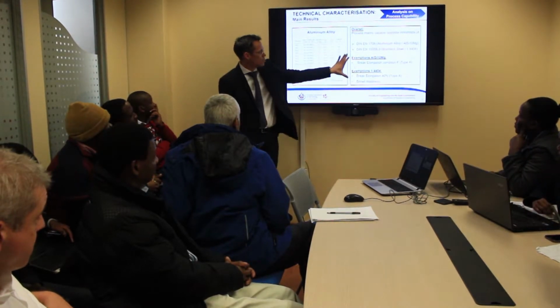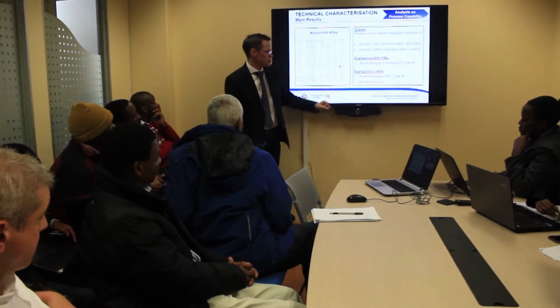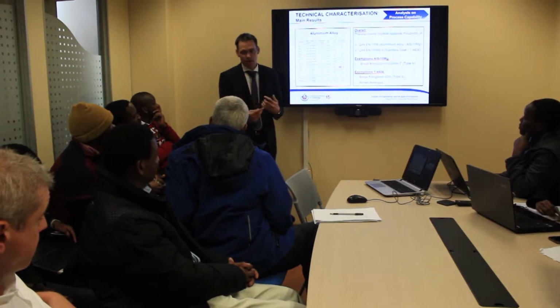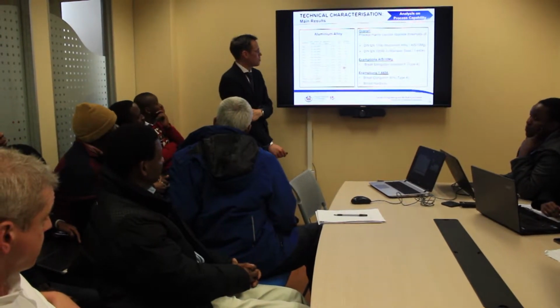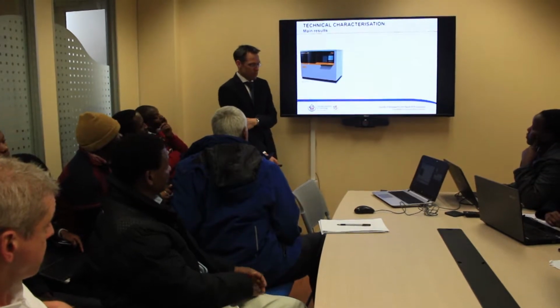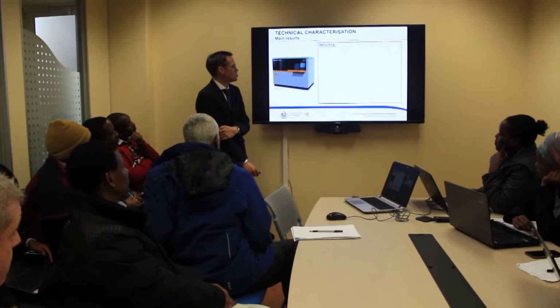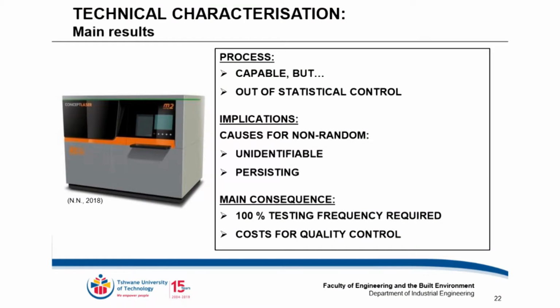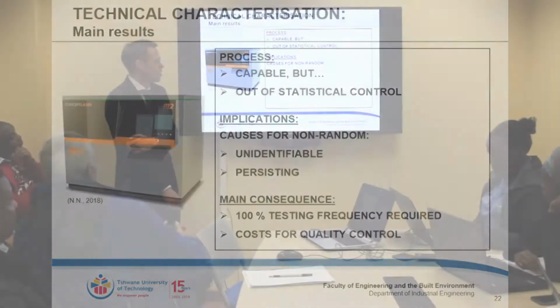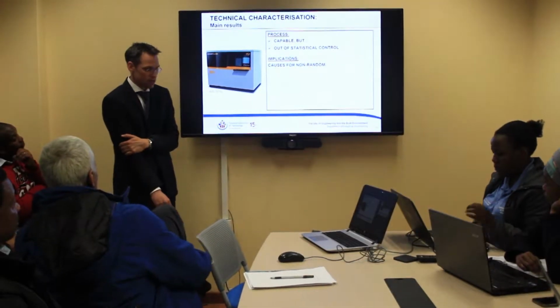So these are the only features found to be threatened to violate the material properties. Overall, the main result of the technical characterization is that the selective laser melting process is found capable, but out of statistical control. And this has certain implications.